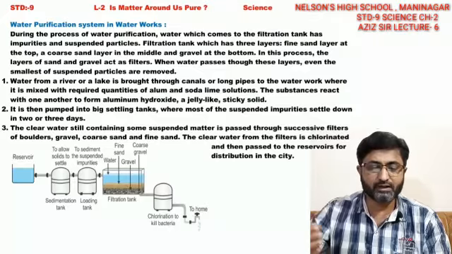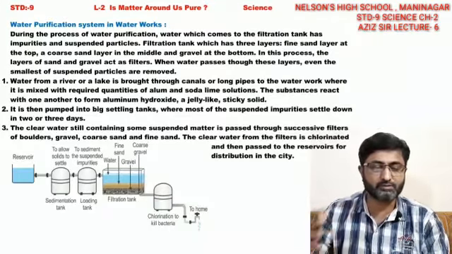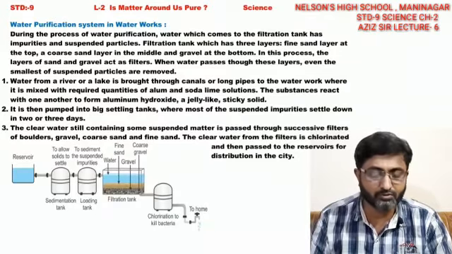Water from the rivers and lakes comes to the canal and the long pipe, that is the waterworks, and is mixed with the required quantity of alum and sometimes soda lime also.